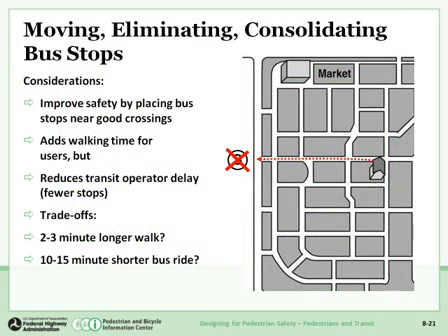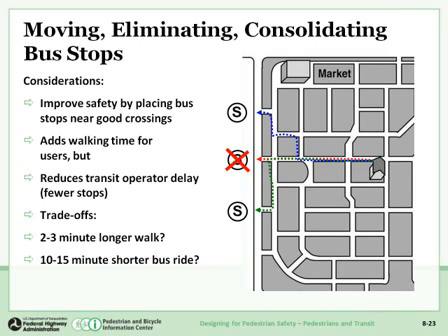So here's an example of how moving, eliminating, or consolidating bus stops may improve pedestrian safety. You see in this example right here, there's a mid-block bus stop, and that mid-block bus stop could be eliminated if there's other bus stops that are closer to intersections that may better serve pedestrians.